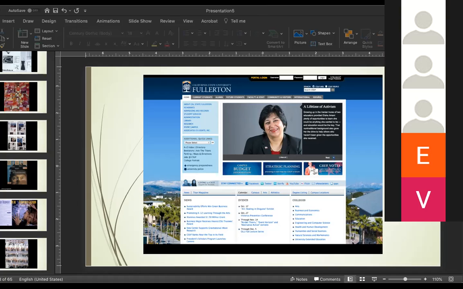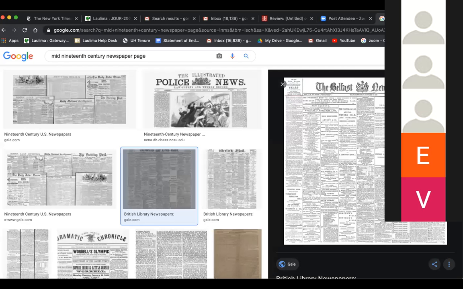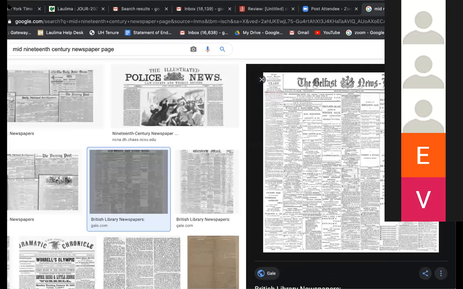So an old newspaper might look like, let me share my browser screen with you. An old newspaper might look like this one on the left, the Belfast Newsletter. You guys see that?